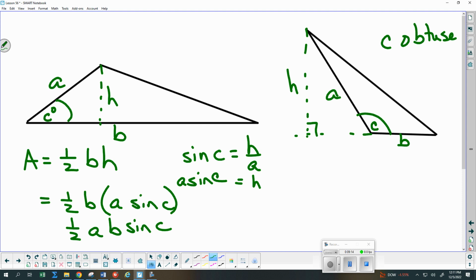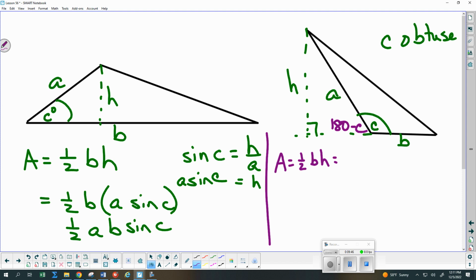And I am wondering if my formula will still work. I know that it still has to be 1/2 base times height. But to do SOHCAHTOA, I've got to be in that right triangle, not the obtuse triangle. And if this little part here is C, that means 180 minus C is my angle that's inside the right triangle.